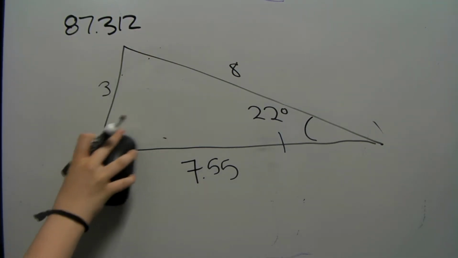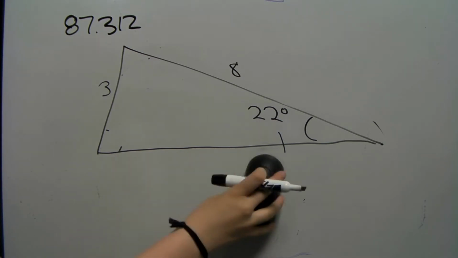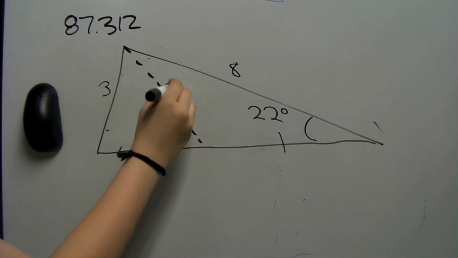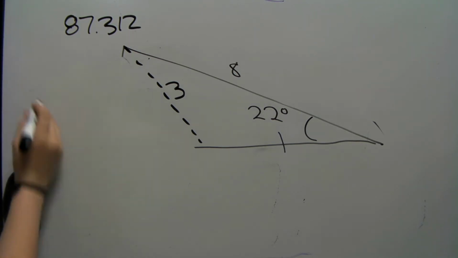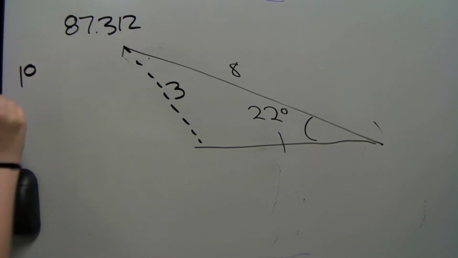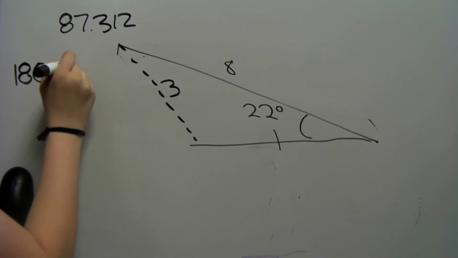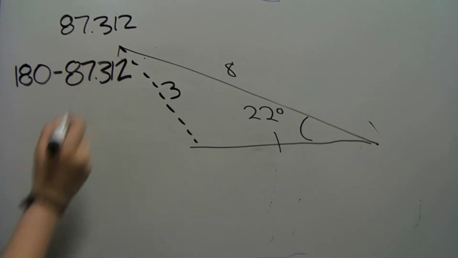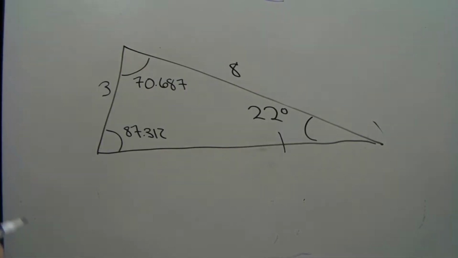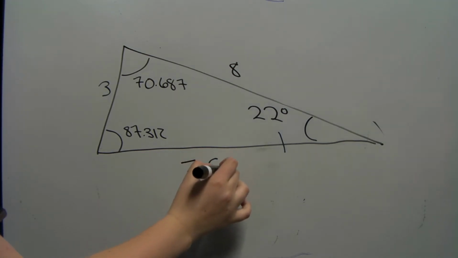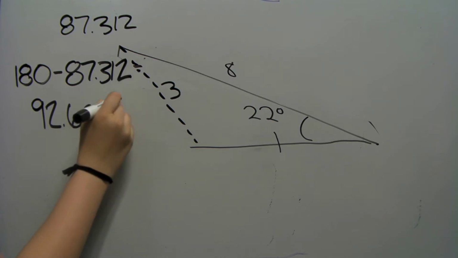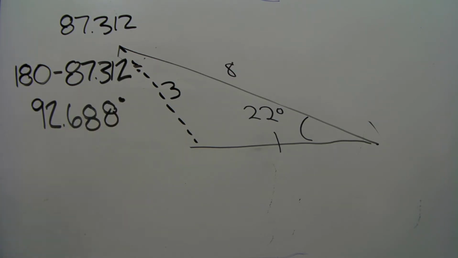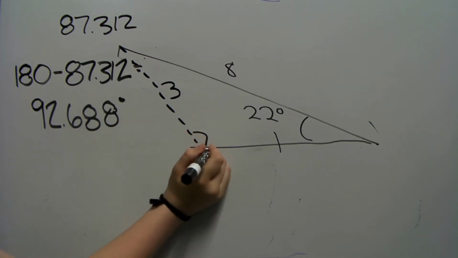So now we've got that triangle, but since our angle in the beginning wasn't defined, we can put the chair 3 feet away the other way. So we need to find all the new angles. We know that the first angle is 180 degrees minus the other angle. So we take 180 minus 87.31 to get 92.688.